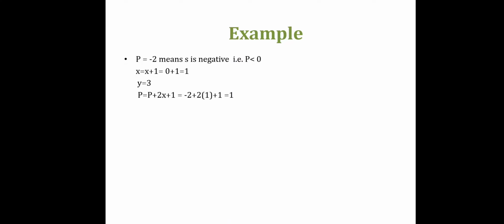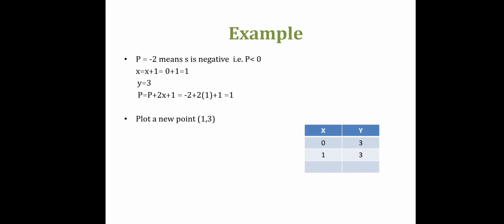So y is the same, 3, only x is incremented by 1, and we have to take p is equal to p plus 2x plus 1. So what is the value of p? p is minus 2 plus 2 into, what is the value of x here? x is 1, plus 1. So p is now 1, right? So we are plotting the point 1 comma 3, that will be my next point.